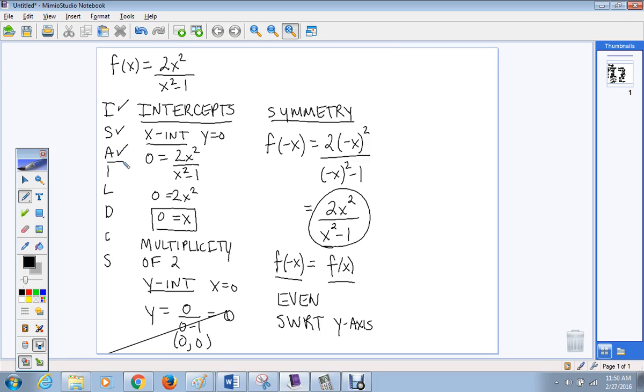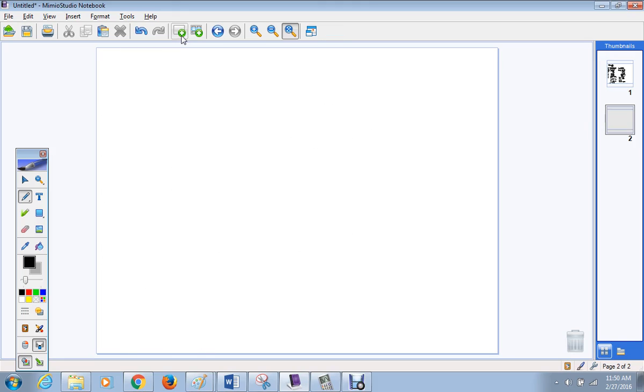Now A. We are looking for any of our asymptotes. So I believe we're going to have to create a new sheet.